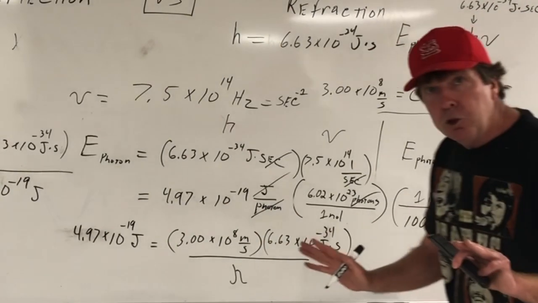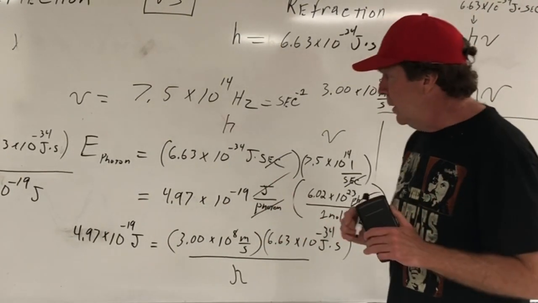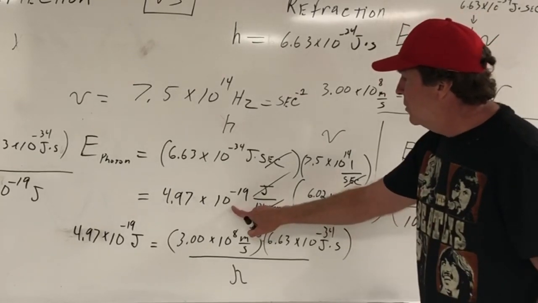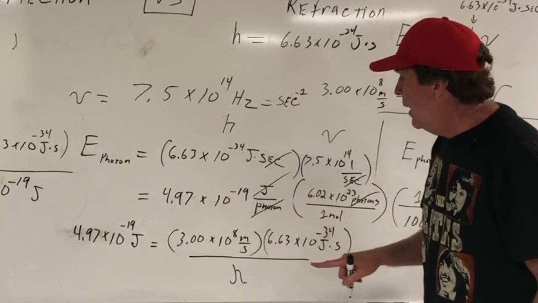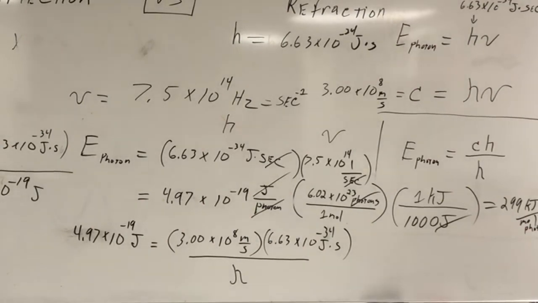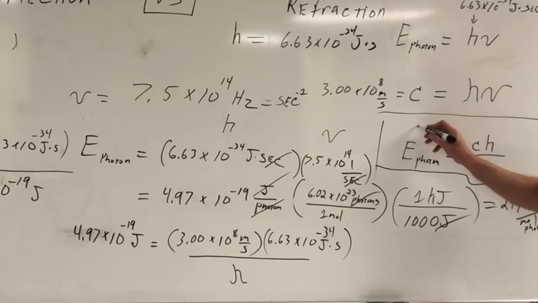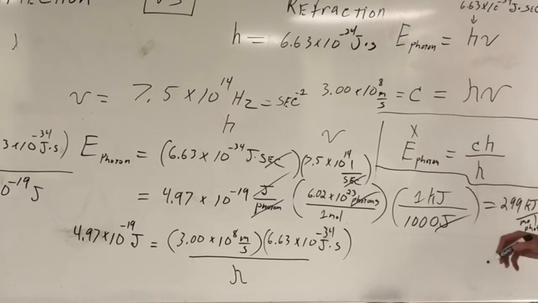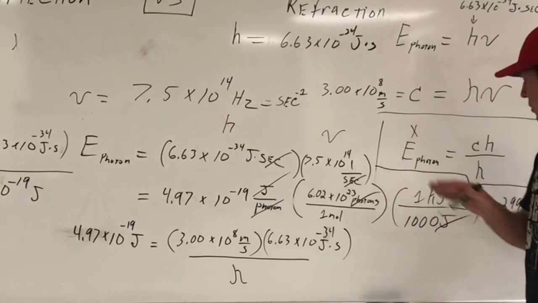Well, let's get back to our example here. We know that this is the energy per photon. Notice here, let's focus on this equation. I have this value that I just determined, so we'll put an X here.